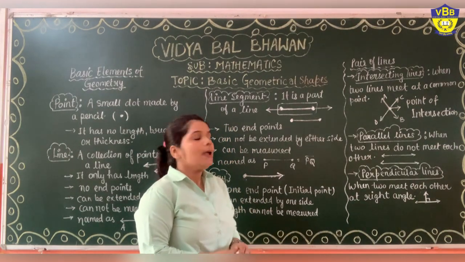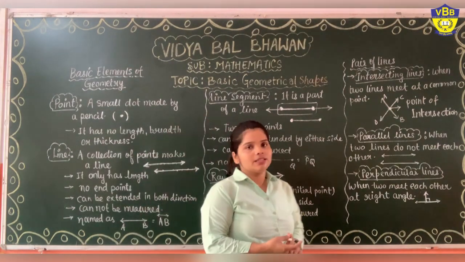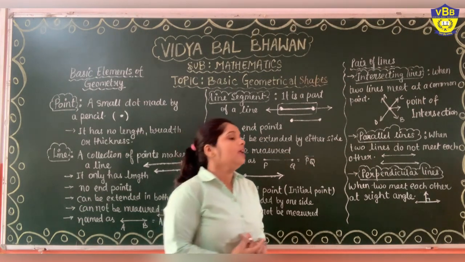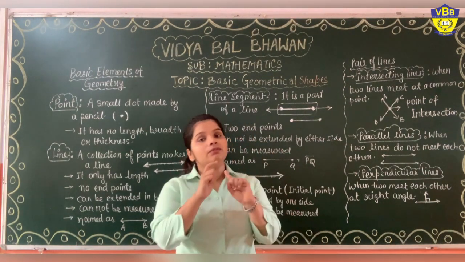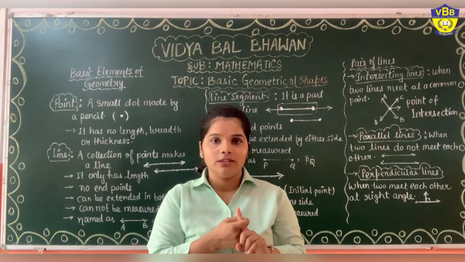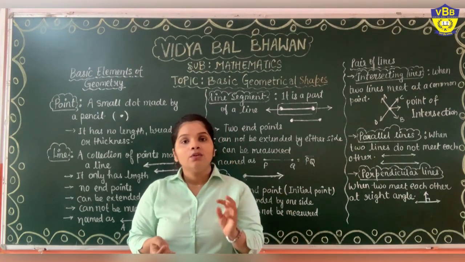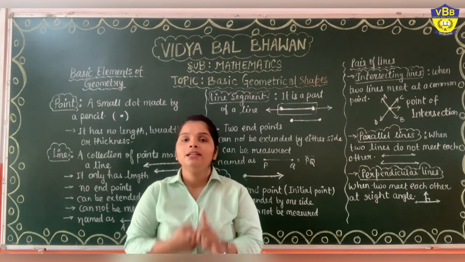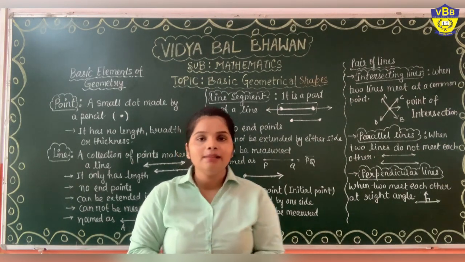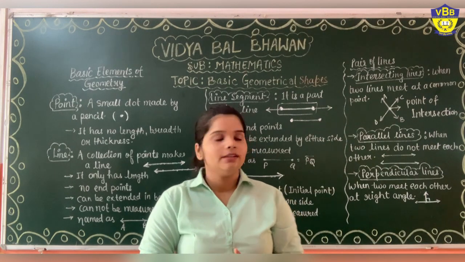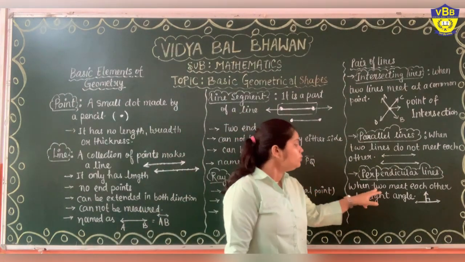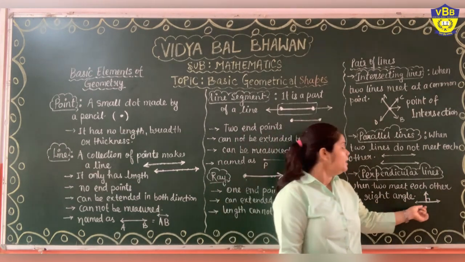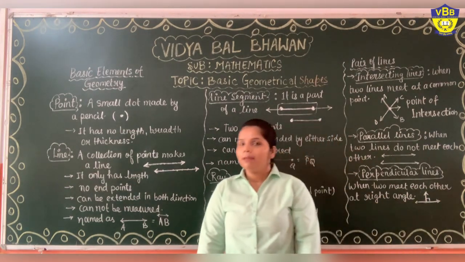After that, perpendicular lines. What are perpendicular lines? Lines which meet each other but at right angle. Right angle means 90-degree angle. So when 2 lines meet each other at right angle, those are perpendicular lines.